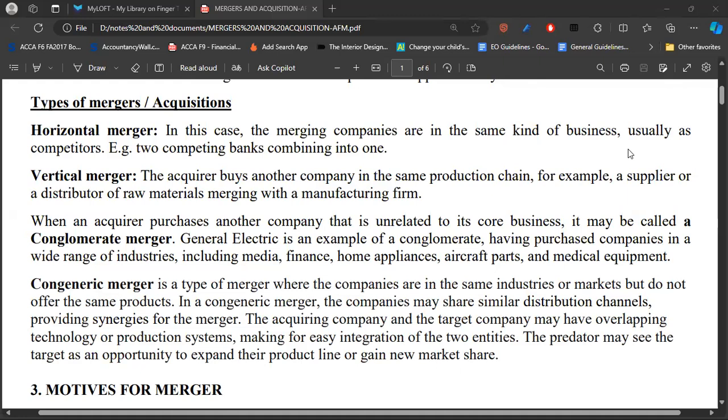Now, I was looking at the horizontal merger. Let me go back there a bit. We said that it is a merger between two firms in the same line of business. For example, the merger between SmithKline Beecham and Glaxo Wellcome to form one of the biggest names among the pharmaceutical firms in the world.